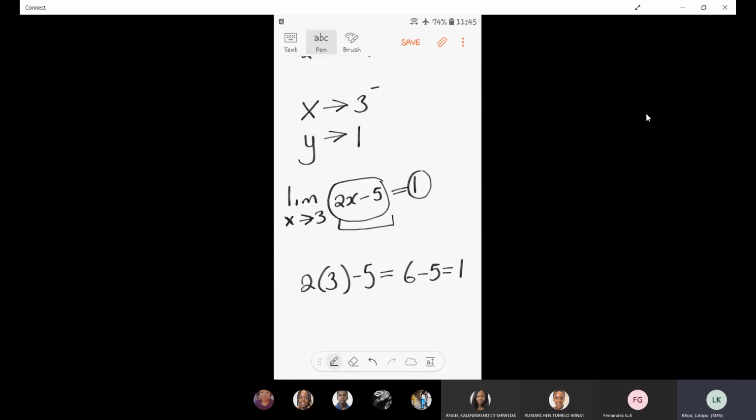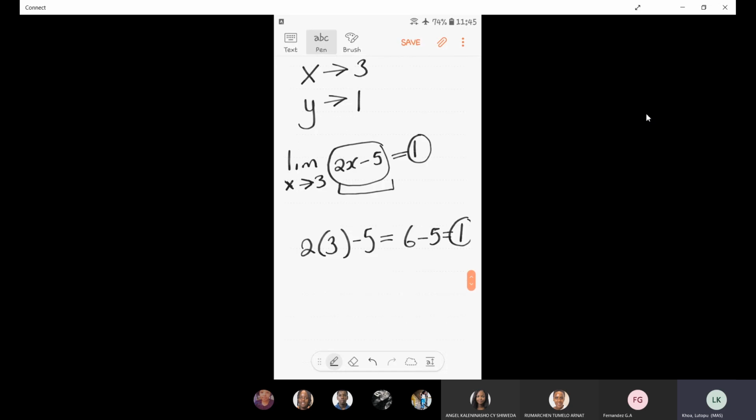So it's a limit I got using the table, and just by substituting it I could get the limit as well. Okay, so one way to find the limit of a function is to just substitute, because you're interested in what is happening to the y values when the x values are approaching a certain value. Okay, so that's what we're interested in.